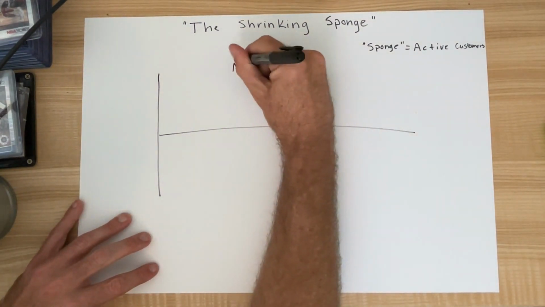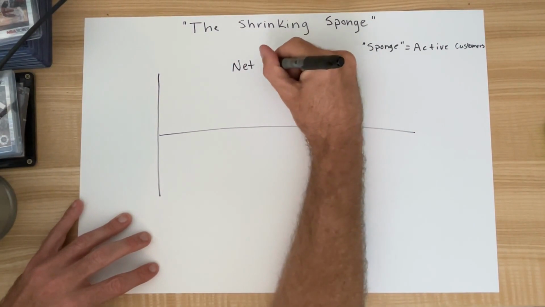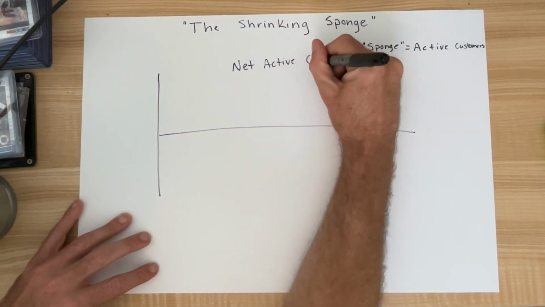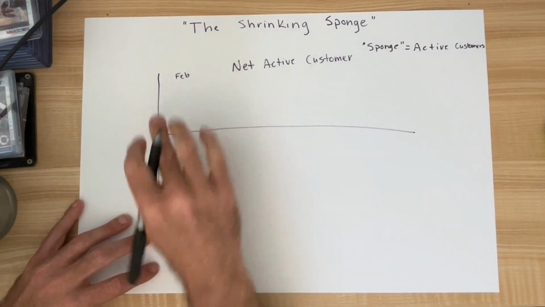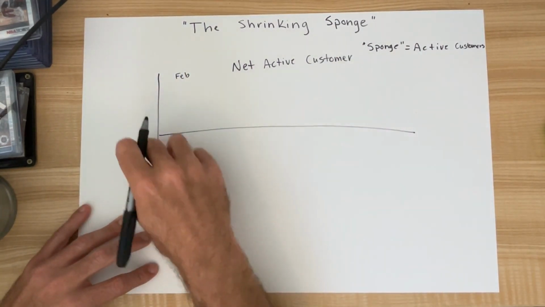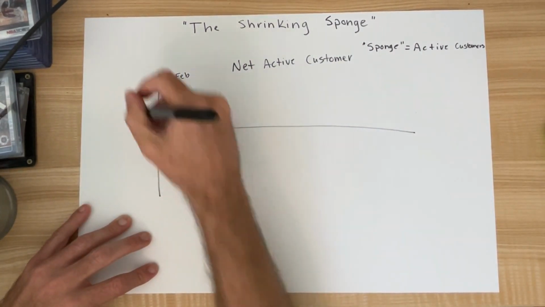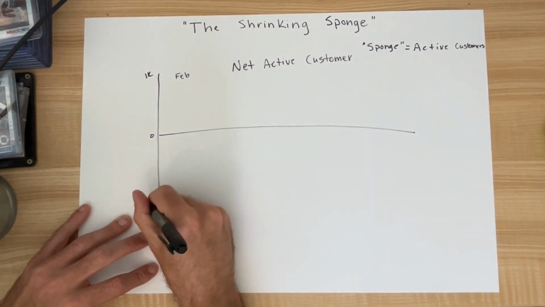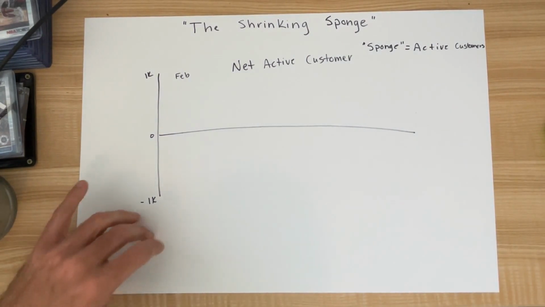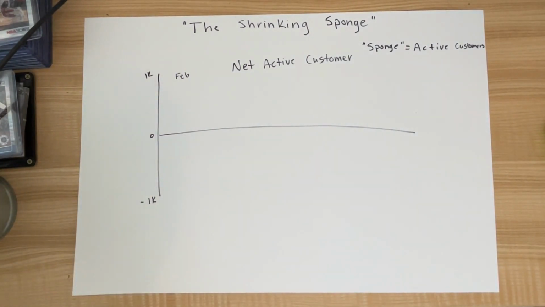And we're going to illustrate this on what I call a net active customer graph. Let's imagine for me, if you will, that we're going to use time on the x-axis, and then we're going to track net gain in this. Let's use some easy numbers. Let's go up to 1,000, and this would be minus 1,000. And then we're going to track a series of different views of customers.